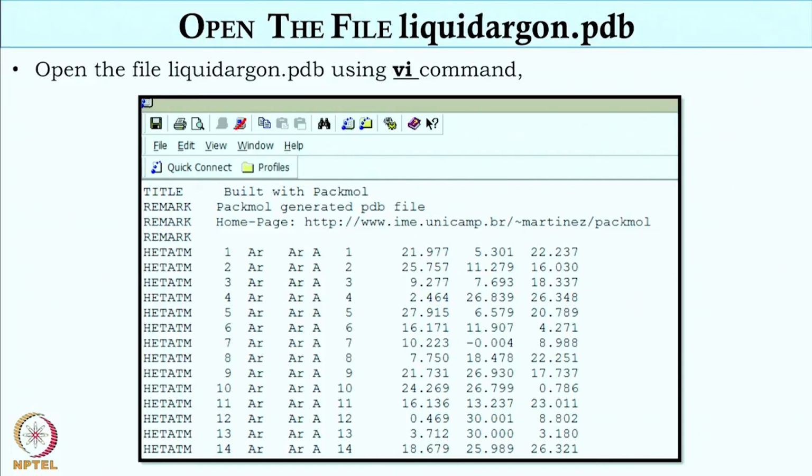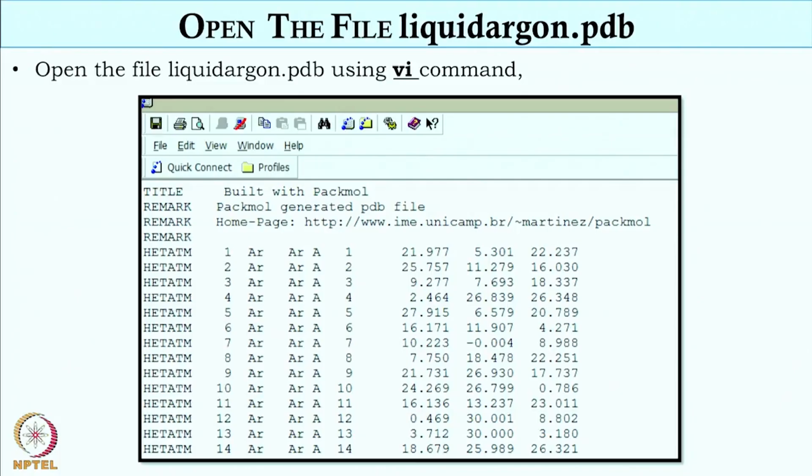Here I have just shown 1 to 14, and the last 3 columns are the x, y and z coordinates in angstrom, and it will similarly have 560 more lines, total 567 lines. You should all see that none of the coordinates is more than 30, 30, 30. That means all these atoms are inside that cubic box, because the box length is 30 angstrom, so it cannot have coordinates more than 30.